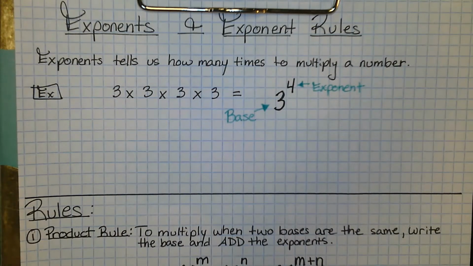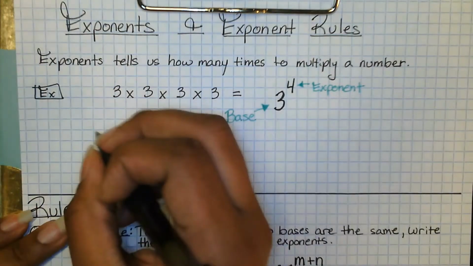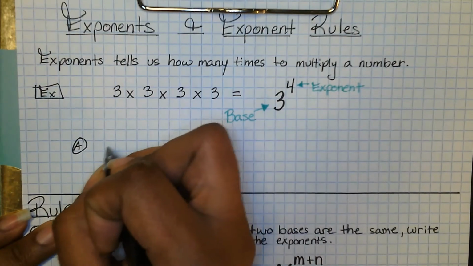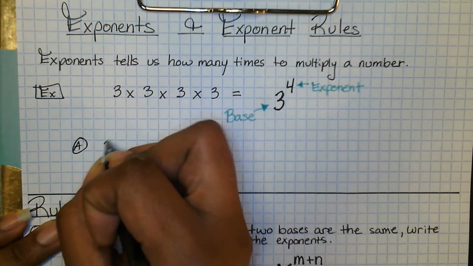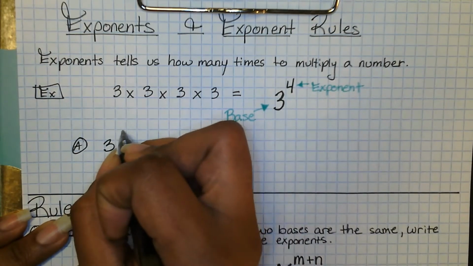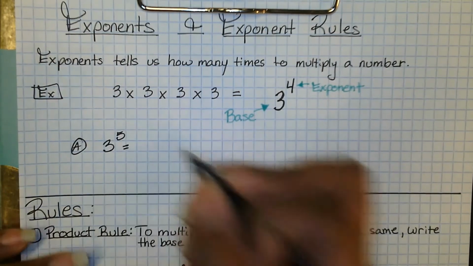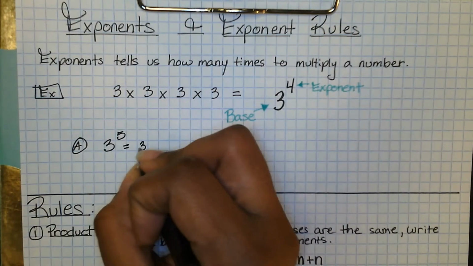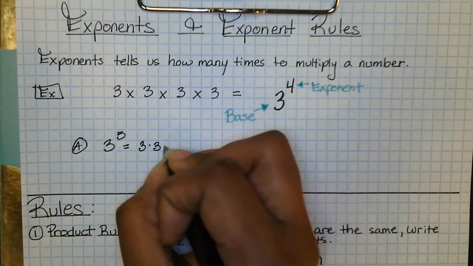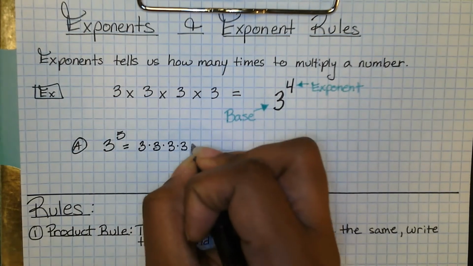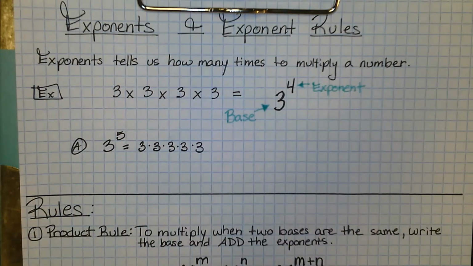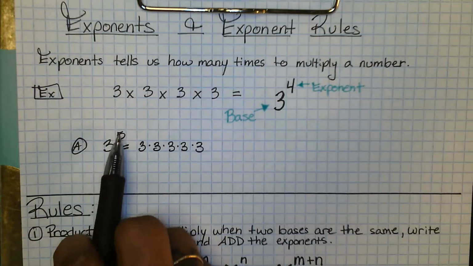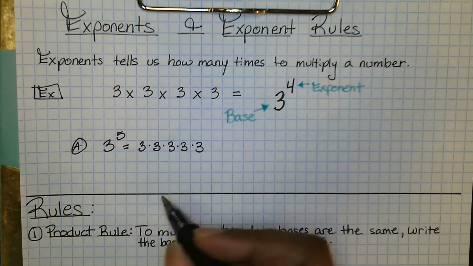So as an example, say we have 3 to the 5th power. We can break that down or expand it as 3 times 3 times 3 times 3 times 3, because it's telling us to multiply the number 3 5 times.